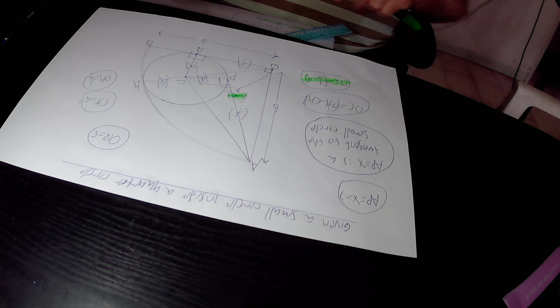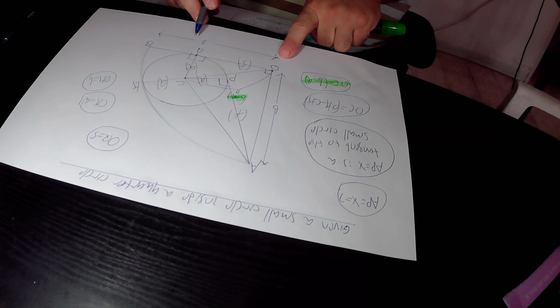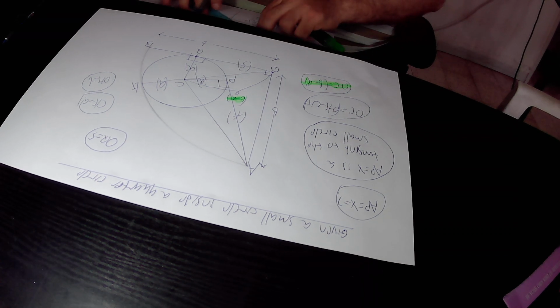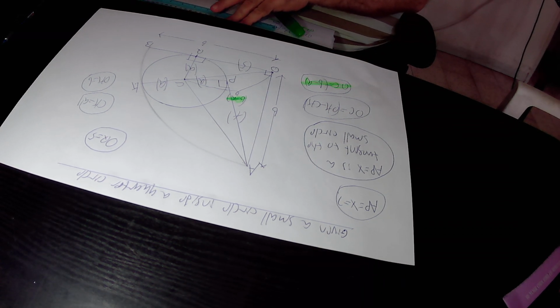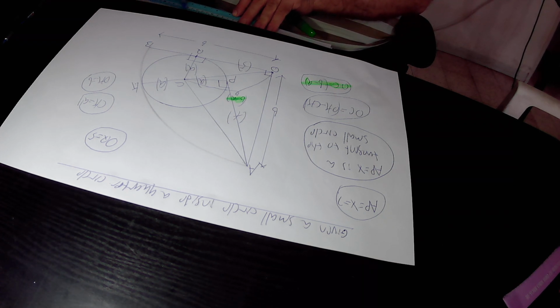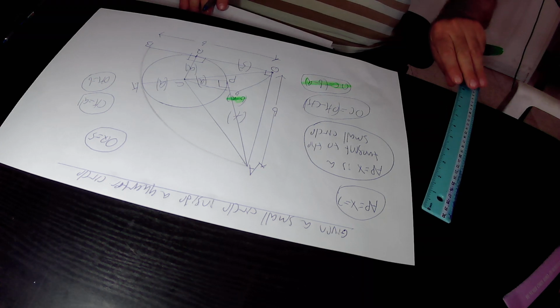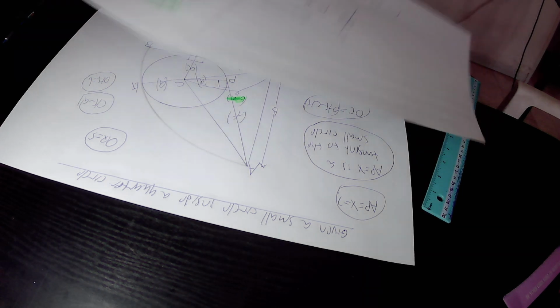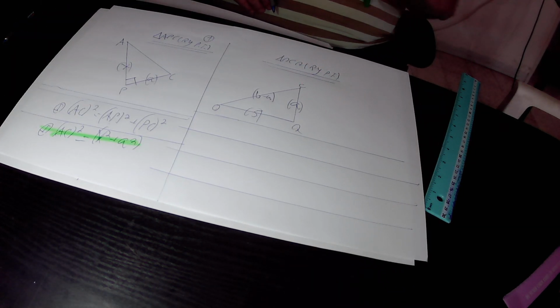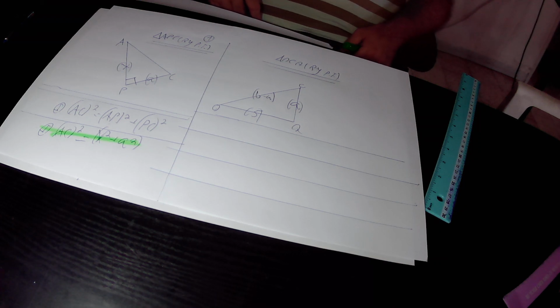And finally, side OQ equals 5 units in its length, according to what is given in the question. So actually, this is the right triangle OCQ that I copied from the original drawing.